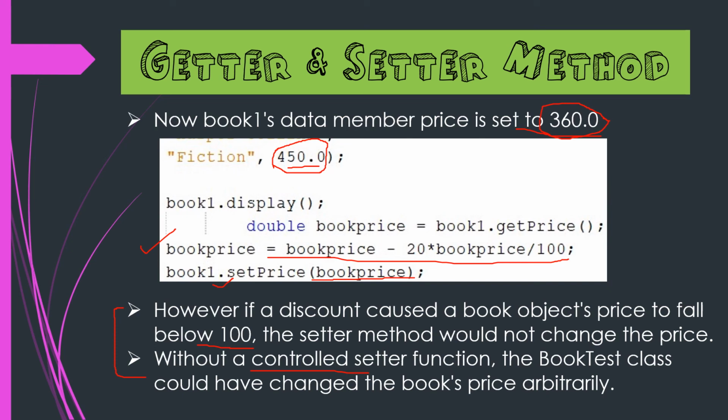But now because there is a controlled setter method, the book test class cannot change it arbitrarily. There is only controlled access, meaning the value can be changed only to a specific limit, and after that limit the setter method would not change the price. So I hope this coding was clear to you.